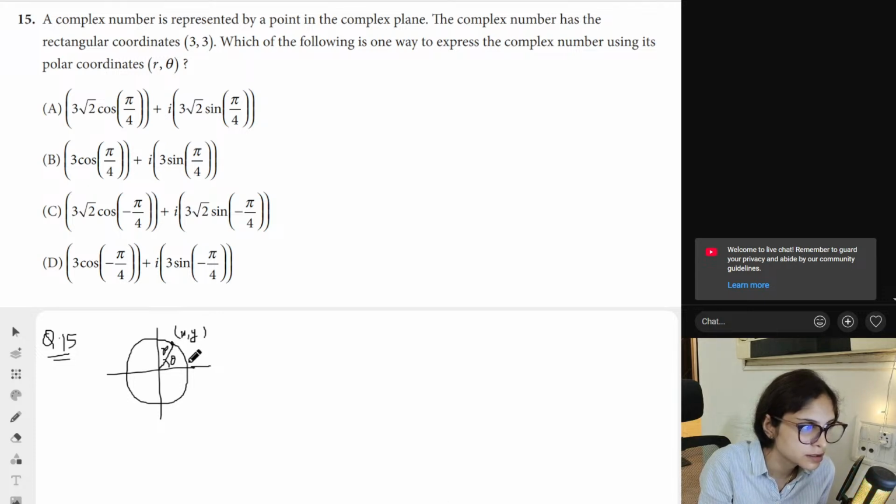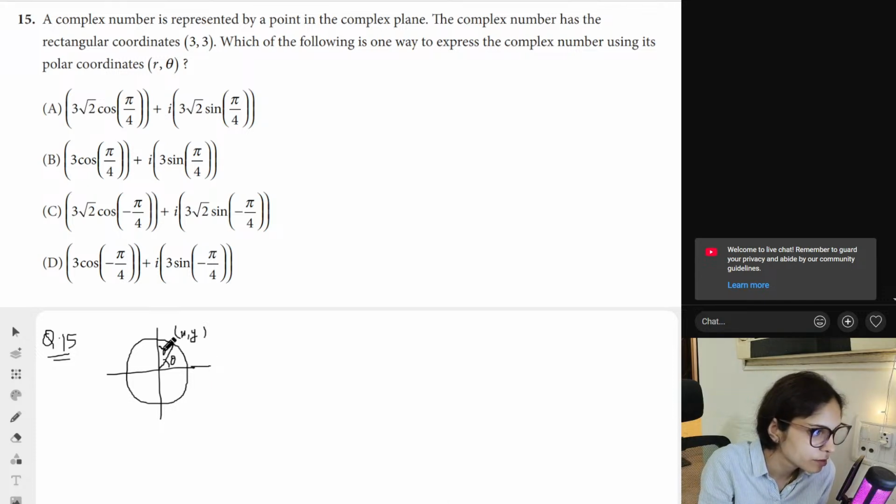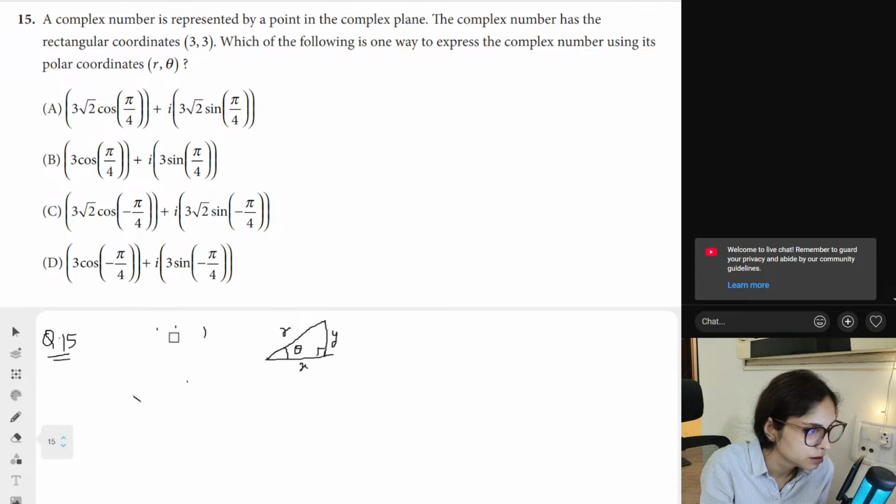This is the radius, this is the theta. So this is radius, this is theta. And if you make this, this is going to be y and this is x. I should have made a bigger one.